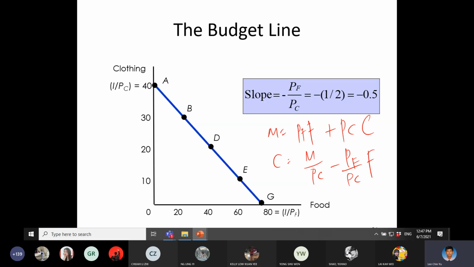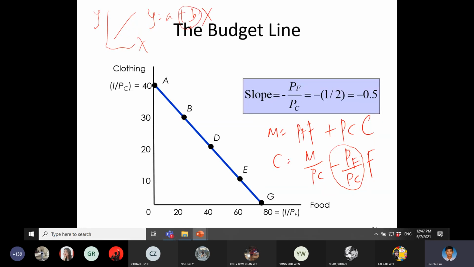You can see that this part represents the slope. Normally in the mathematics we learn, say from Form 5 or secondary school, if we draw a diagram, this is y, this is x, and we arrange the equation in that way. If it is downward sloping, then we have a negative.